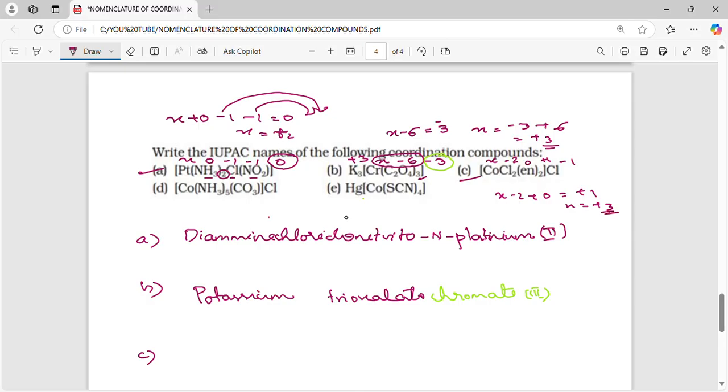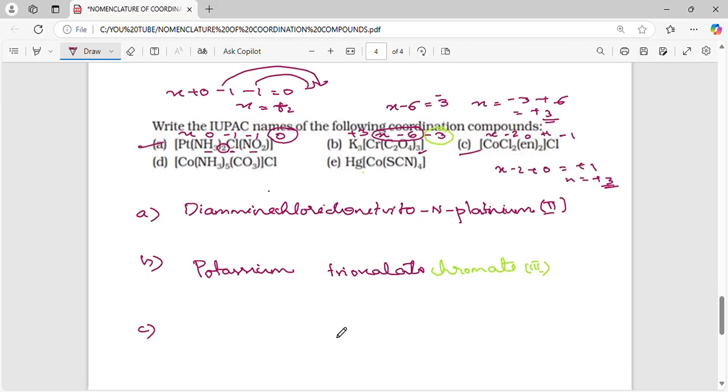Next you start writing the name of the coordination sphere first. Why? Because it is positively charged. No counter ion first. And inside the coordination sphere, Chlorido and ethane-1,2-diamine. C comes first, and that too, dichlorido. Dichlorido, why? Because 2 times chlorine. Then ethane-1,2-diamine, I told you, bis. No space, bis.